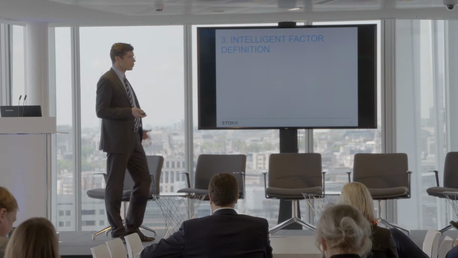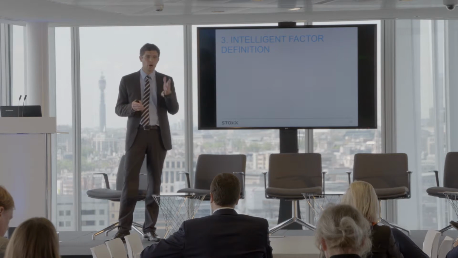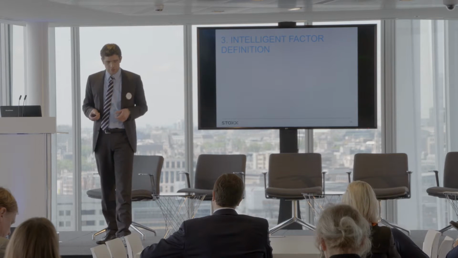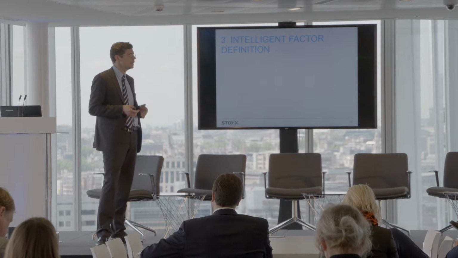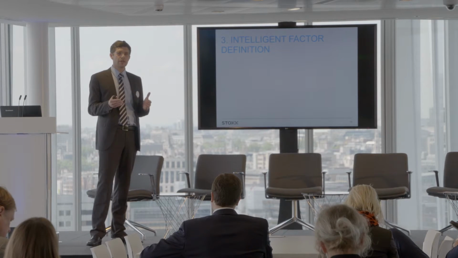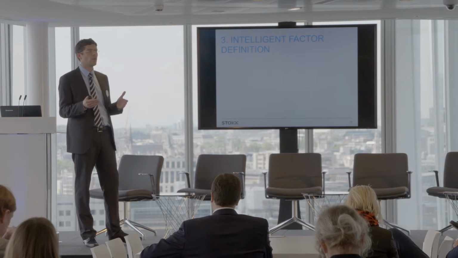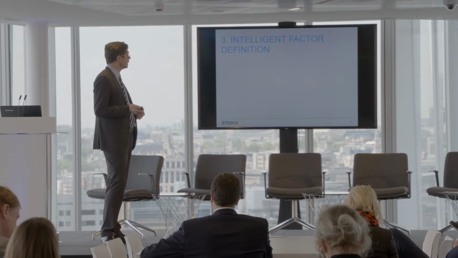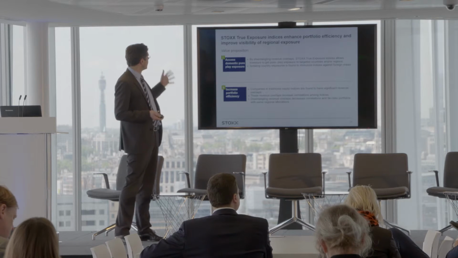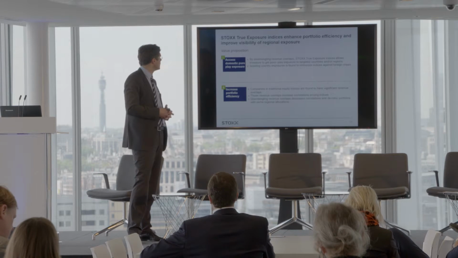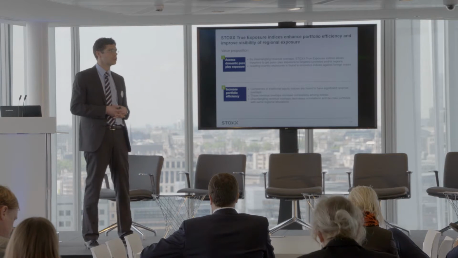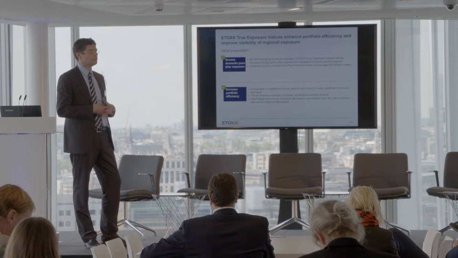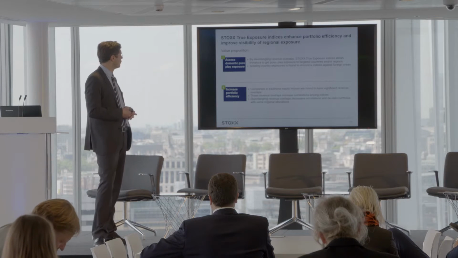Now I want to focus on the second topic, the second route that I initially mentioned: the focus on just a very standard factor, in this case the country factor, and the attempt to redefine the country factor to make it more efficient in order to then increase portfolio efficiency. I would like to use a set of indices that we launched last year that we call STOXX True Exposure Indices to demonstrate that effect.